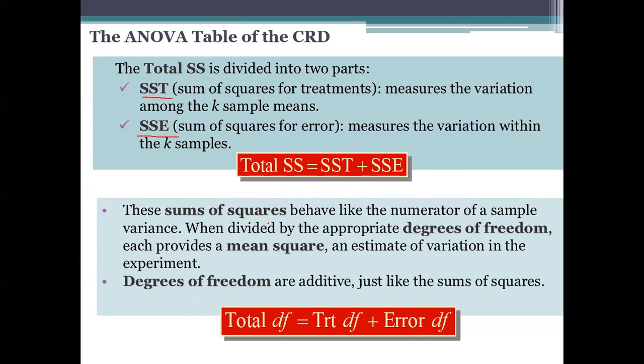Each sum of squares behaves like the numerator of a sample variance. When divided by the appropriate degrees of freedom, each provides a mean square, an estimate of variation in the experiment. So how to get the total DF? The total DF is the treatment DF plus the error DF.